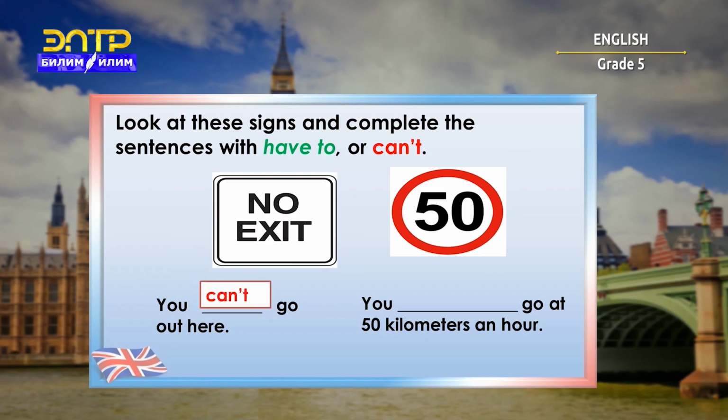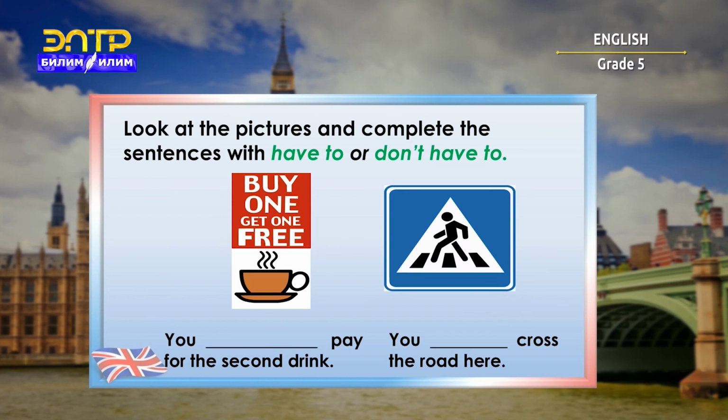You can't go out here. You have to go at 50 kilometers an hour. You don't have to pay for the second drink. You have to cross the road here.